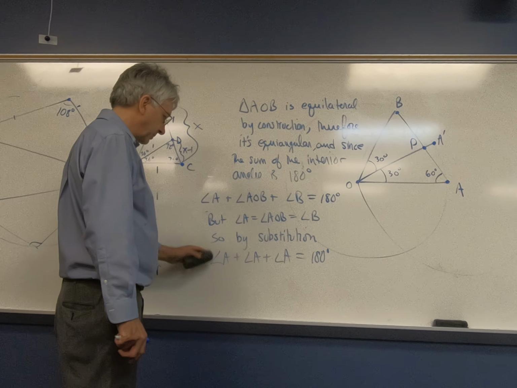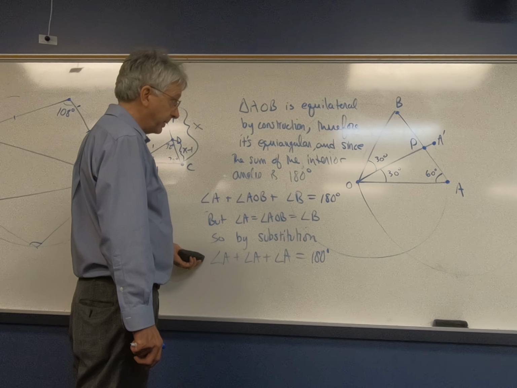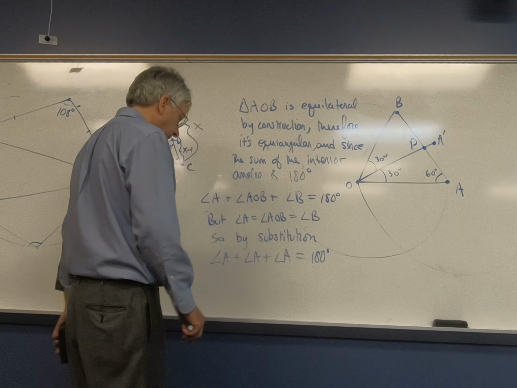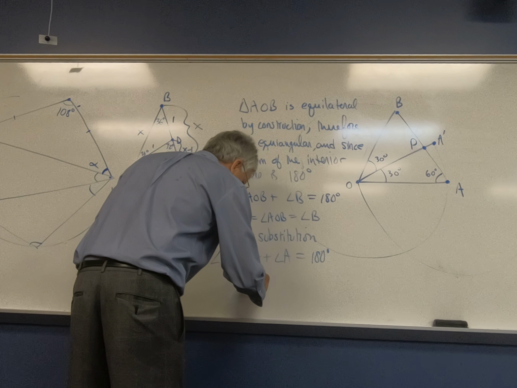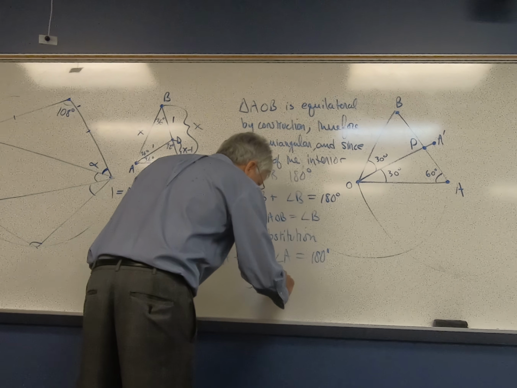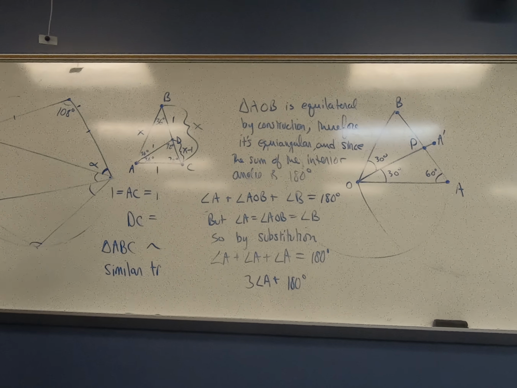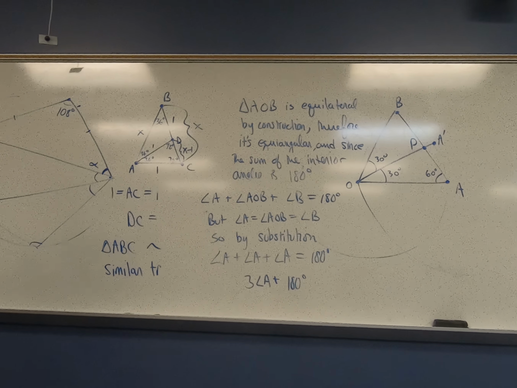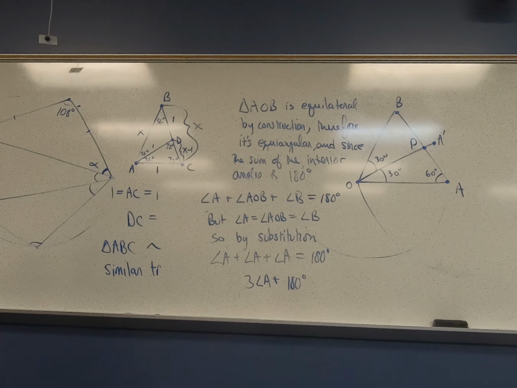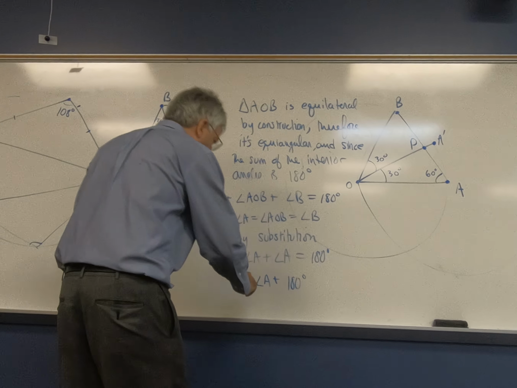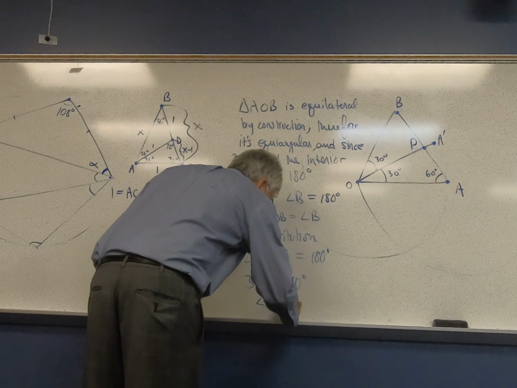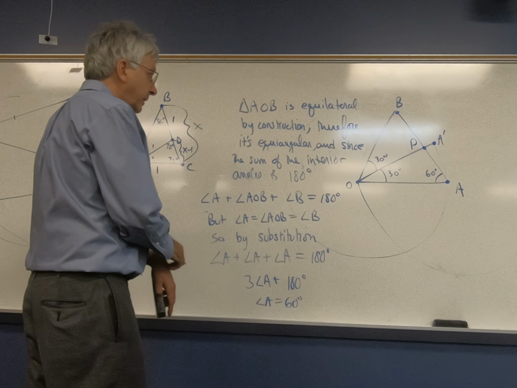But the angle is a geometric object. Its measure is a number, right? But we can then combine these numbers, using the distributive property, to factor out angle A from 1 plus 1 plus 1 and get 3 times angle A. And so angle A must be 60 degrees, right?